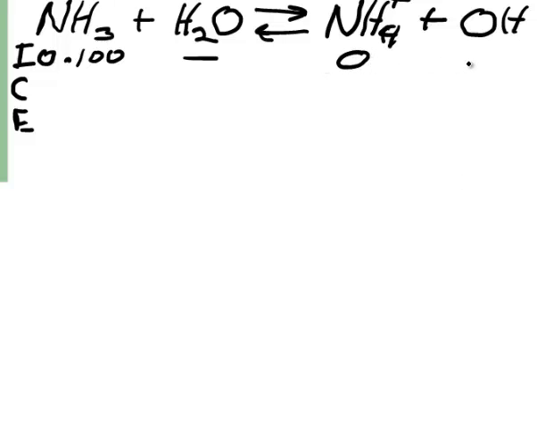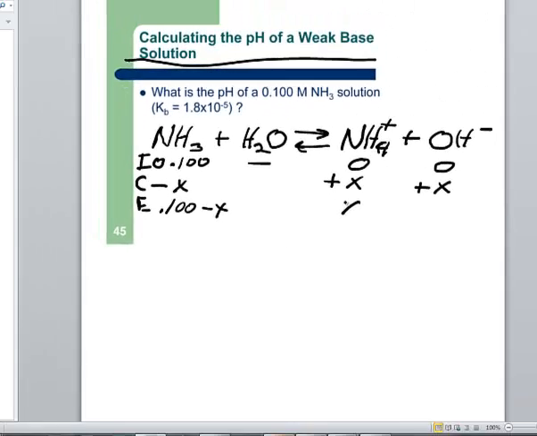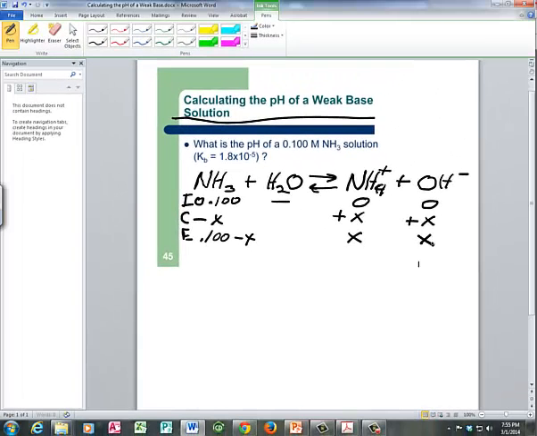We have no ammonium ion and no hydroxide ion initially. Our change will be minus X for the ammonia, plus X for the ammonium ion, and plus X for the hydroxide ion. At equilibrium, we add the initial and the change lines and we get 0.100 minus X, and then 0 plus X is just X, plus X.